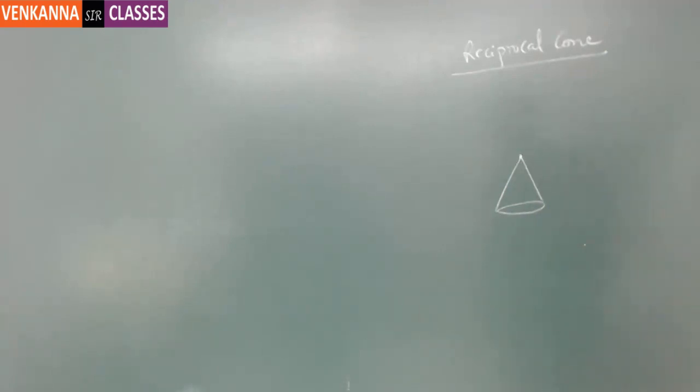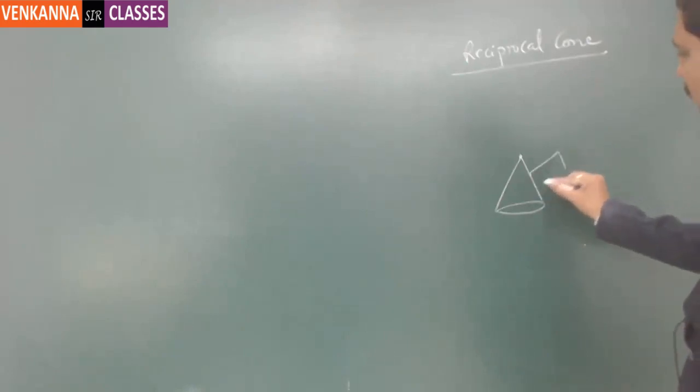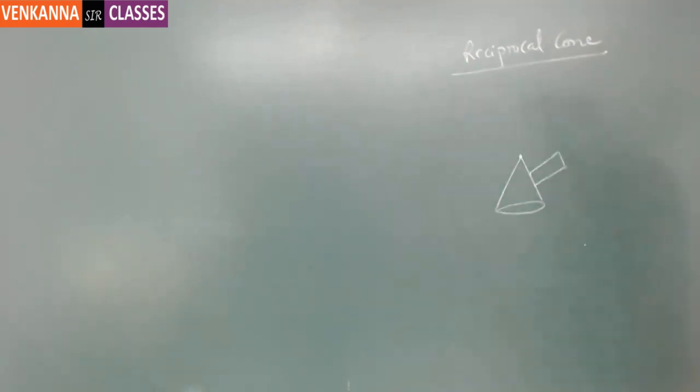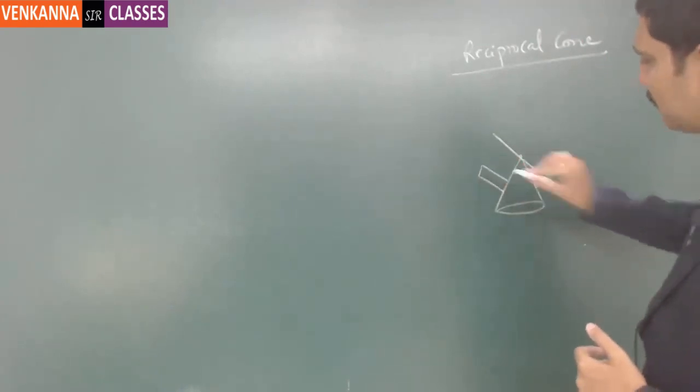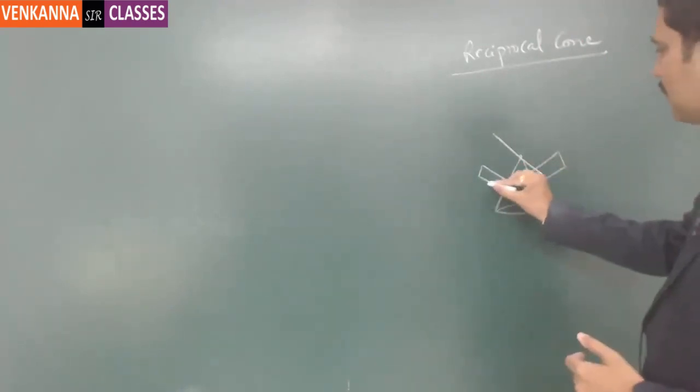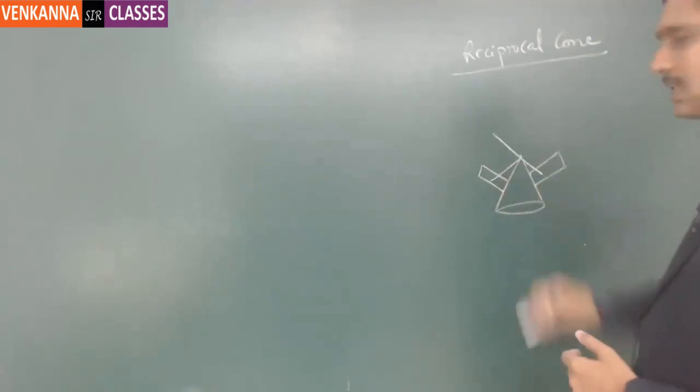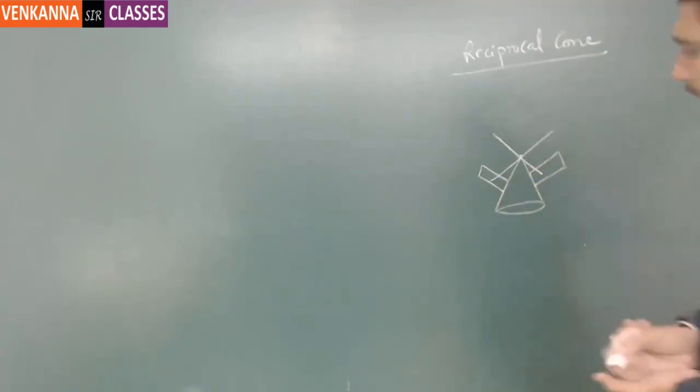If you consider a tangent plane to it, then its normal passes through the vertex and becomes a generator of the other cone. Similarly, for another tangent plane, its normal through the vertex becomes a generator.